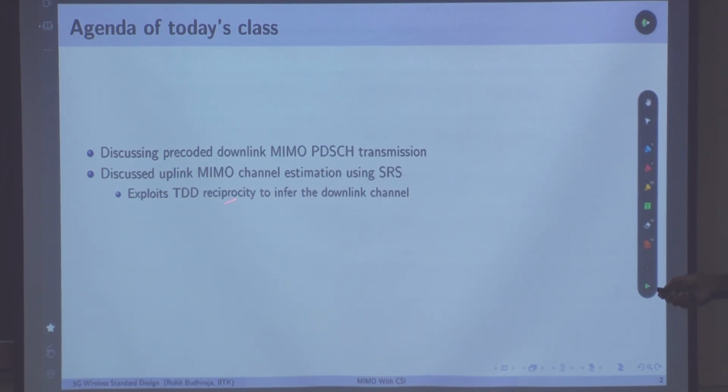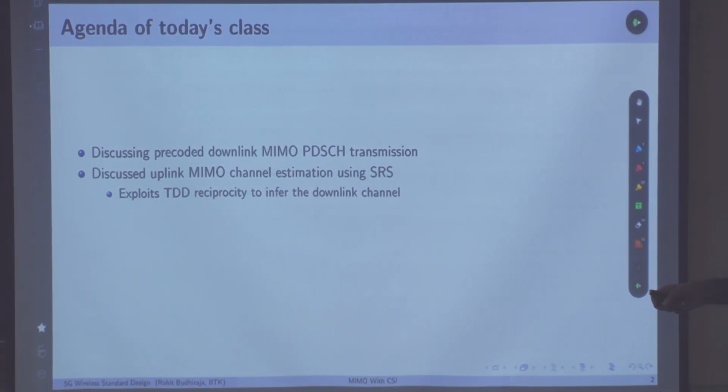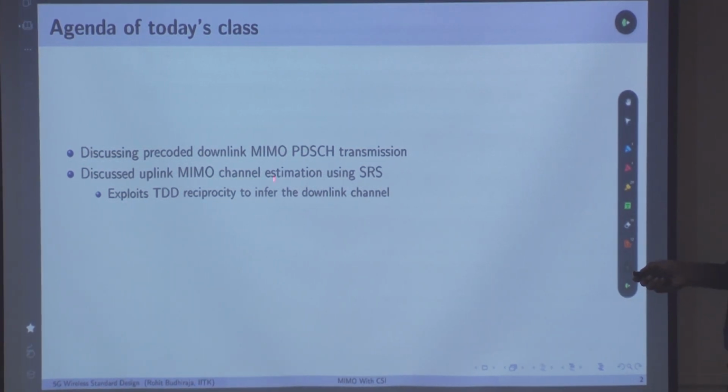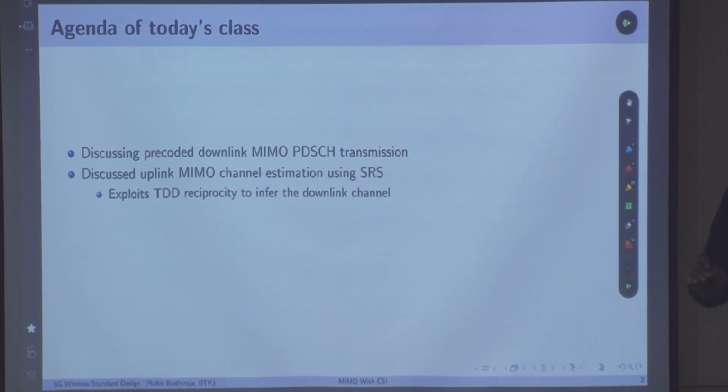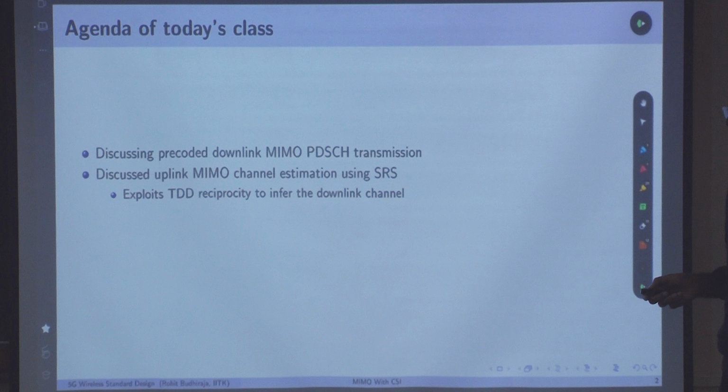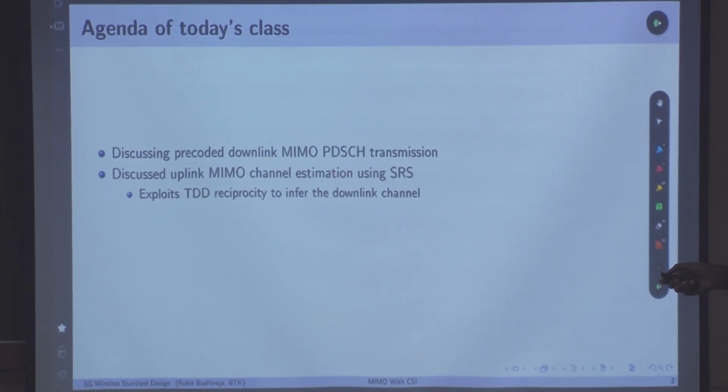So there is something called TDD calibration which needs to be done, and which is a very important step for inferring the downlink channel from the uplink channel. I am not going to go into the details of that, but one should remember that it needs to be done before the downlink channel can be inferred from the uplink channel. But people know how to do it and it can be done.